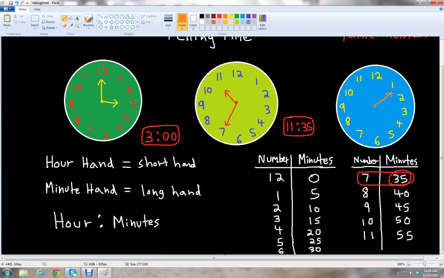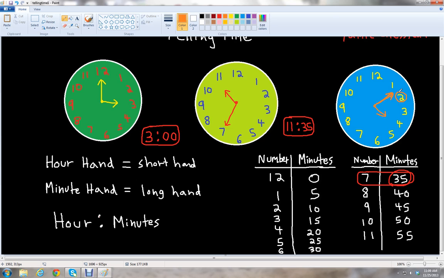So we have the long hand here, and this long hand should be pointed at the 2. Even though it's not right at the 2, it's very close. So this should be at the 2.